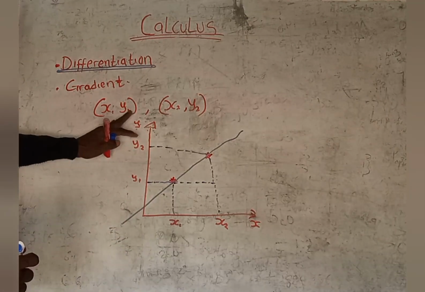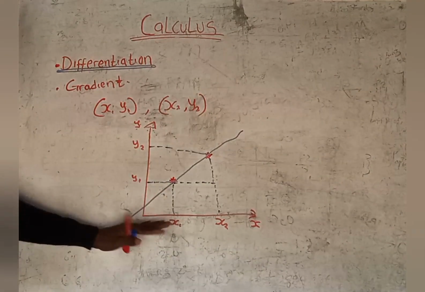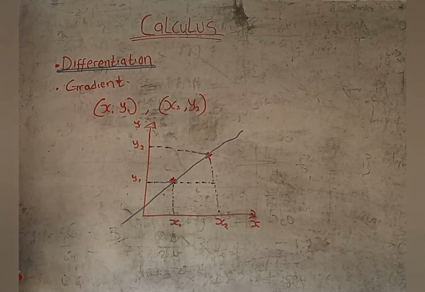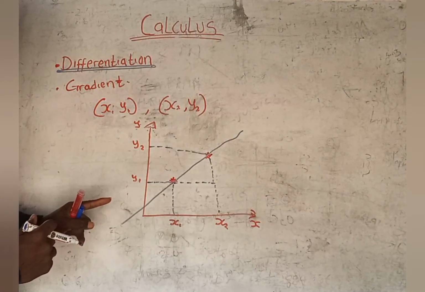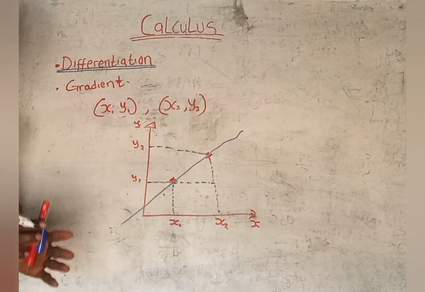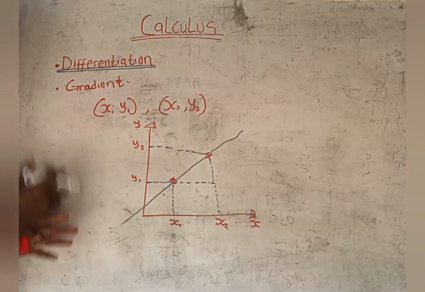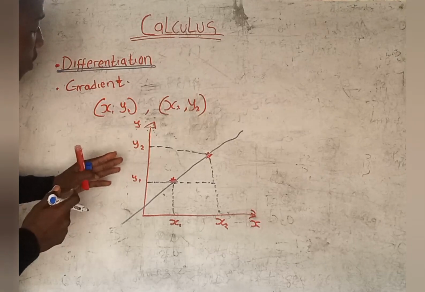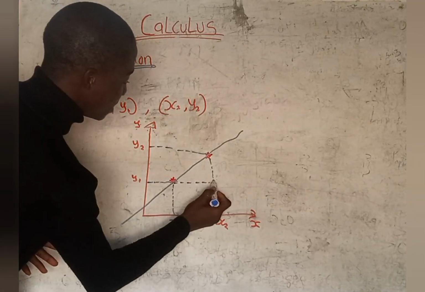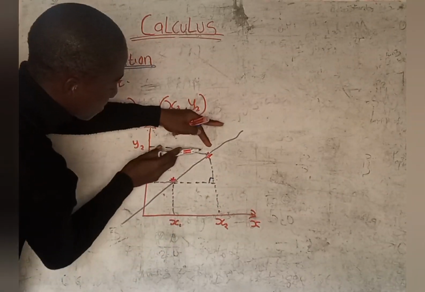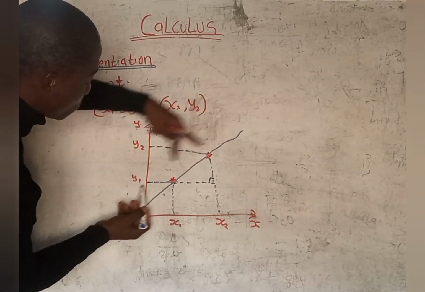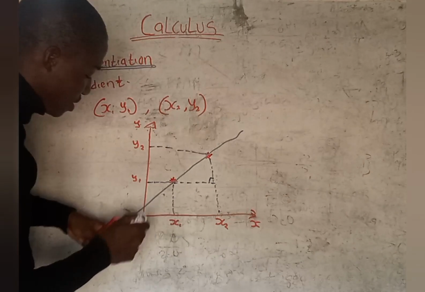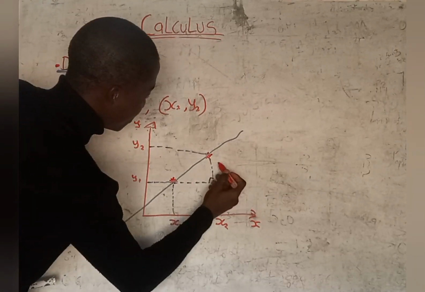Now, I have plotted these coordinates on this graph. If I want to find my gradient, don't forget that gradient is rise over run. From this point, the rise is dy, the change in y, y2 minus y1.